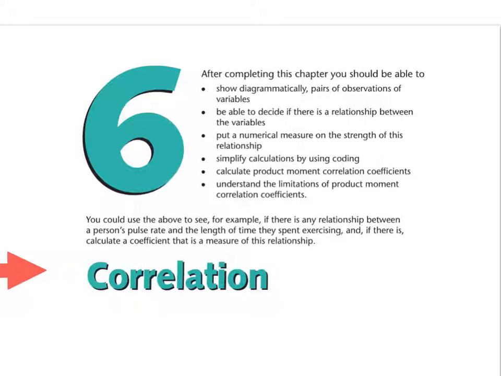So the first thing that we're going to look at are scatter diagrams. So show diagrammatically pairs of observations of variables. So that just means being able to draw scatter diagrams.